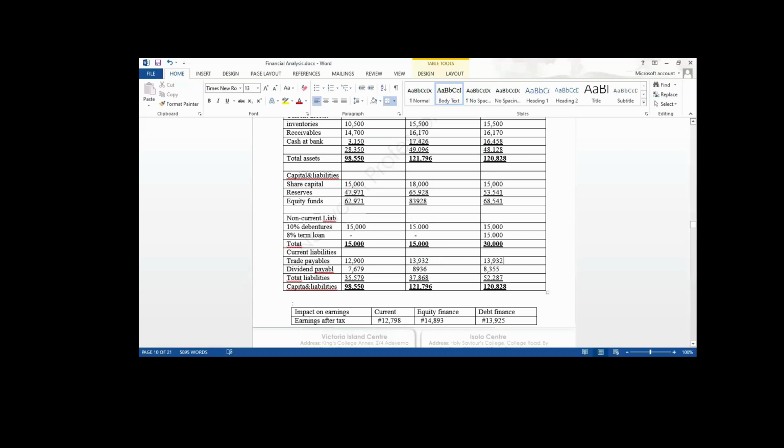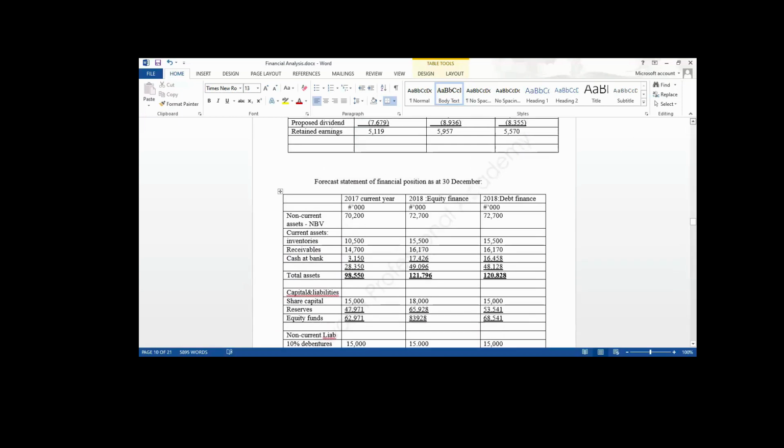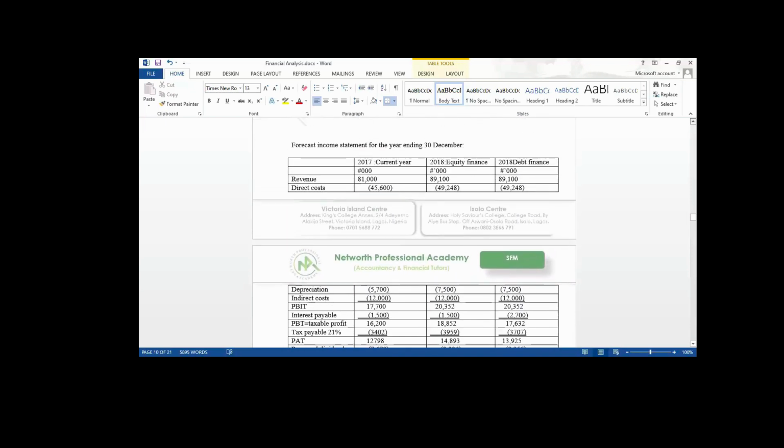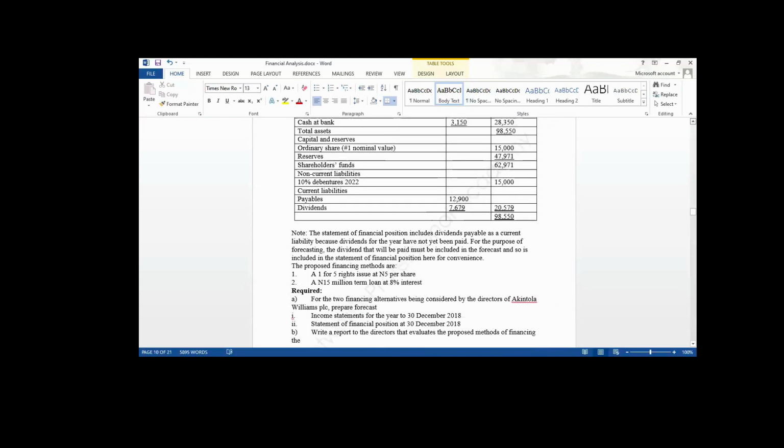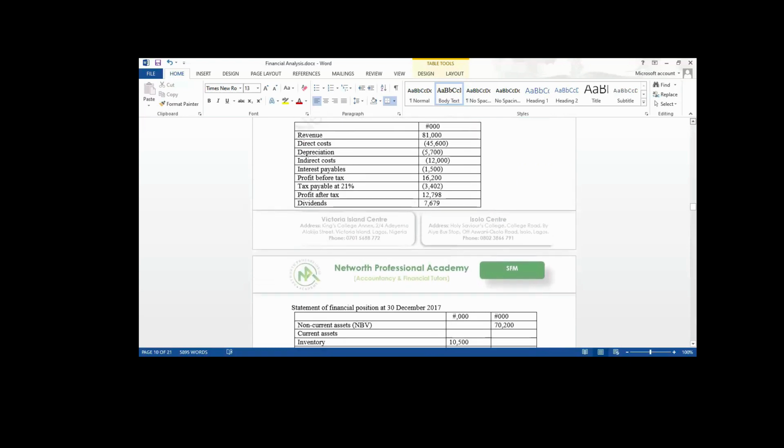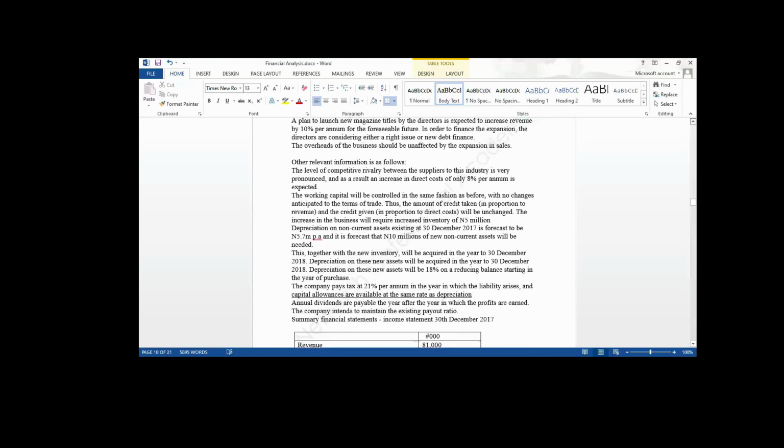So you keep that in your balance sheet. Remember, we are following this paragraph by paragraph so that we don't miss out anything. We have treated up to this point.